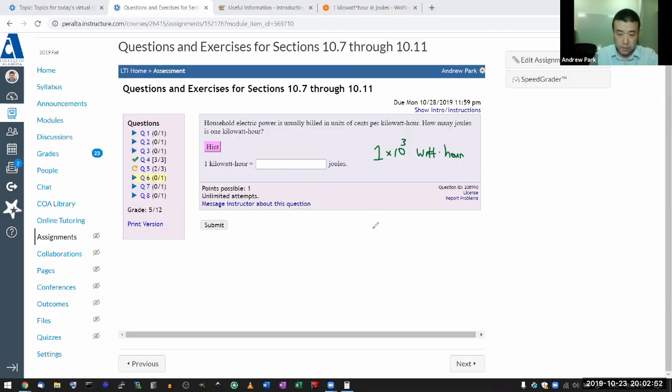If you know that 1 watt, which is a unit of power, is related to energy by change in energy per time, or that 1 watt should be 1 joule per second, then that'll help you work out what this watt times hour is.